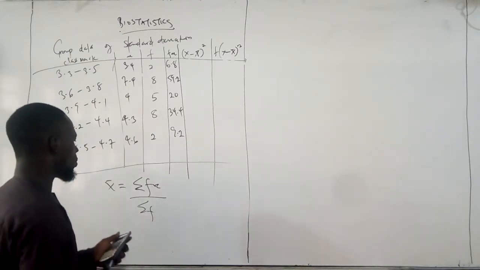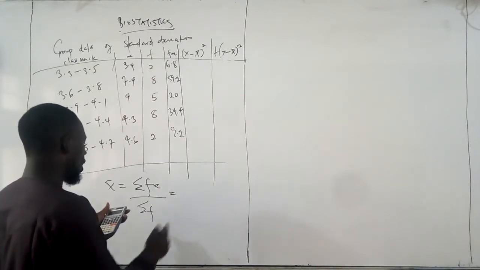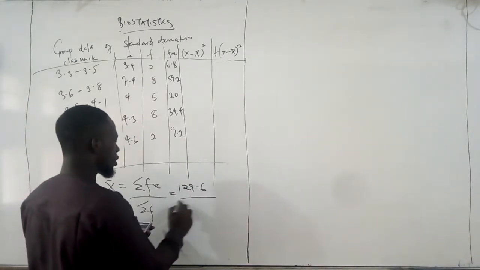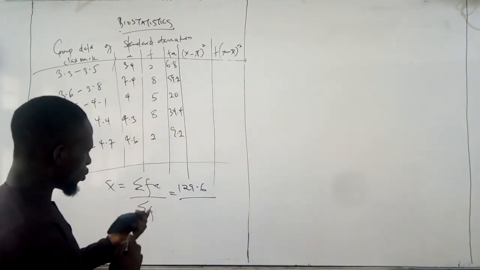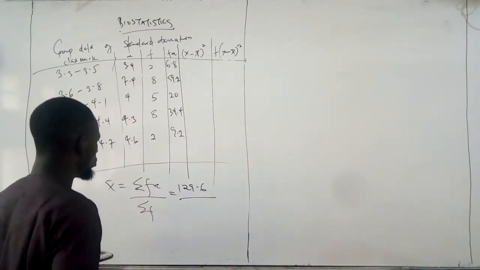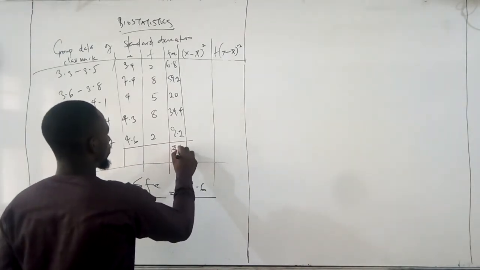Summation simply means adding the values together. We are going to have 100 as the summation of fx, divided by the summation of f. So we are going to add all the frequencies together.